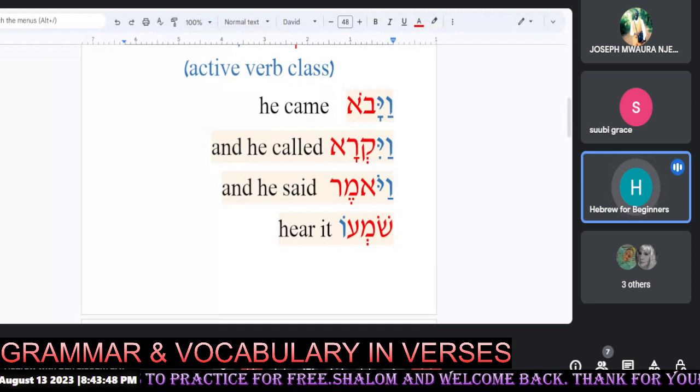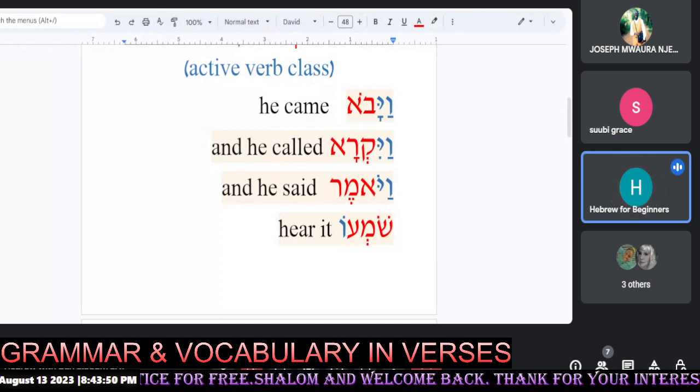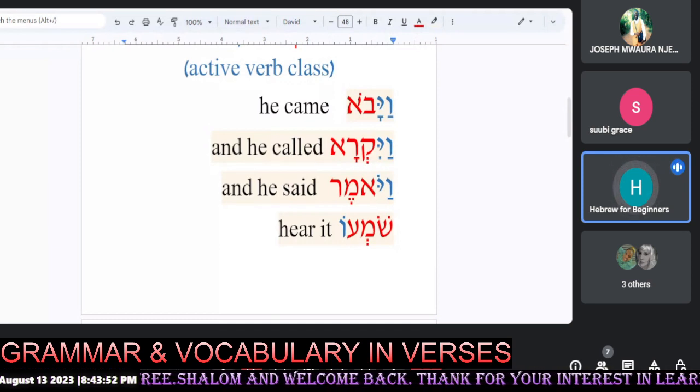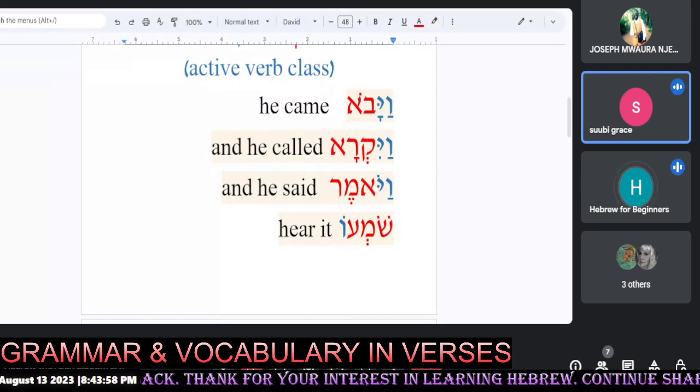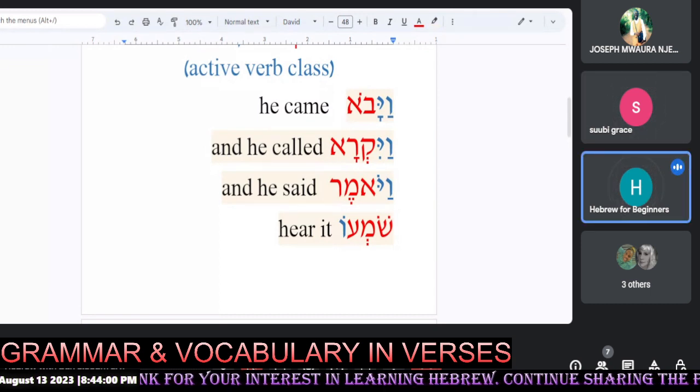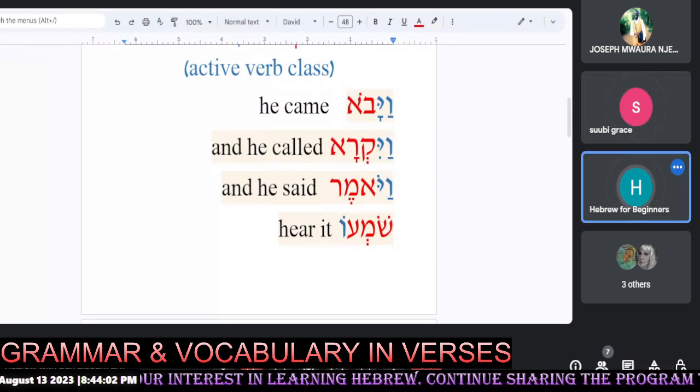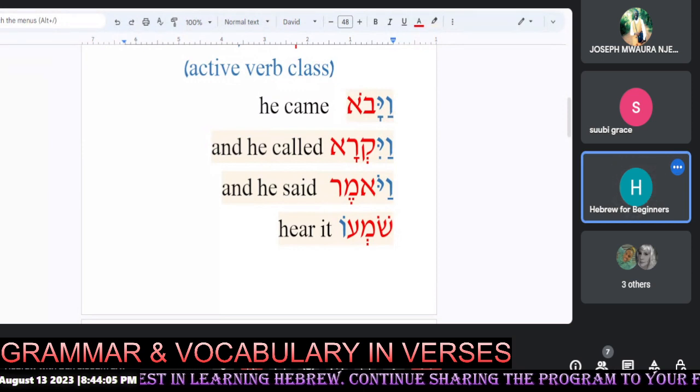Yomer means he will say. So that is the prefix that gives us the future tense. But the Hebrew verses stick a vav at the beginning. Vayavo, Vayomer, Vayikra.